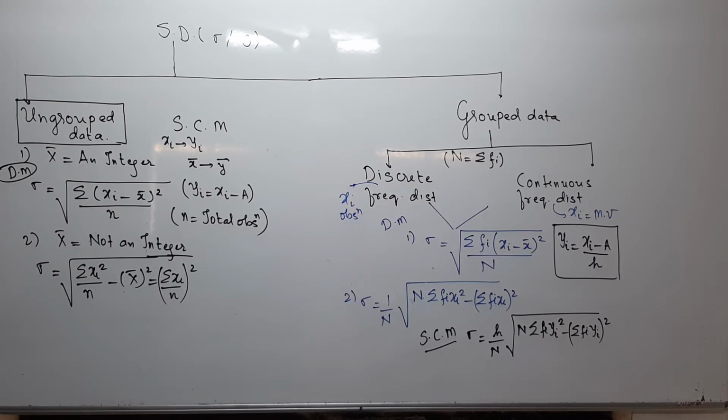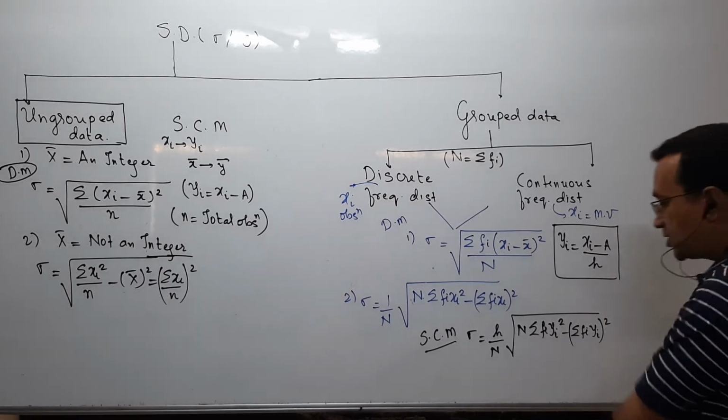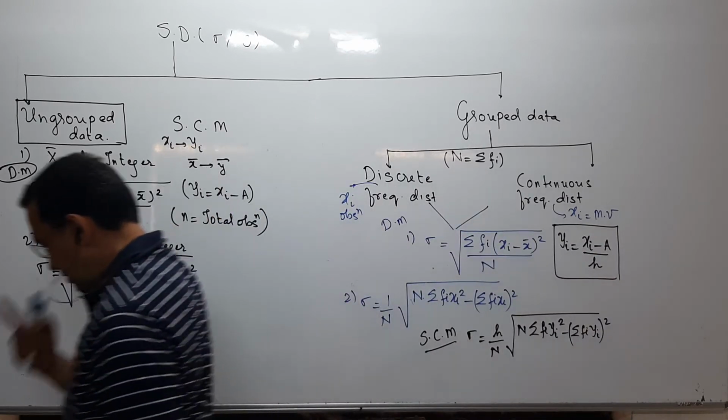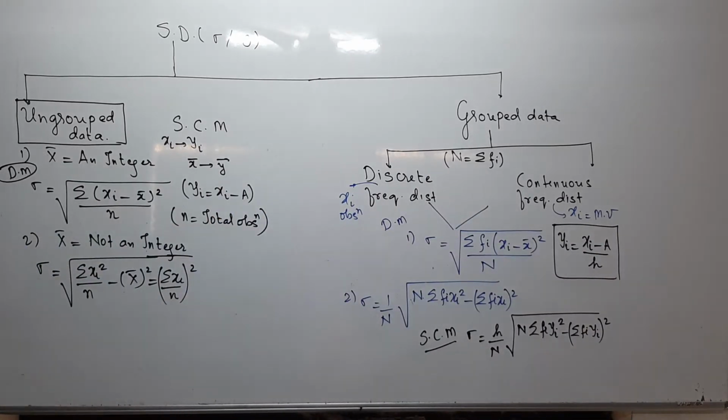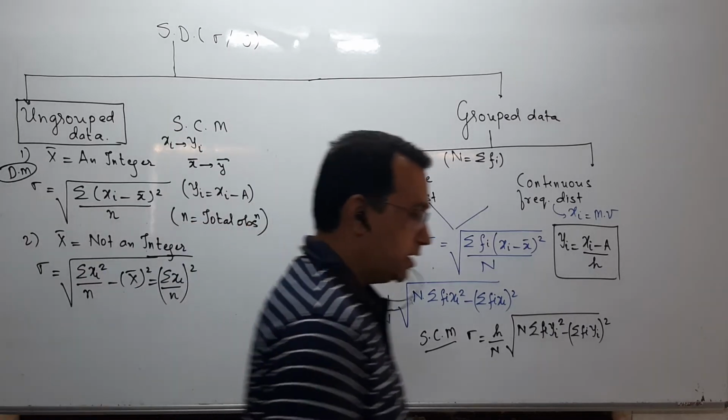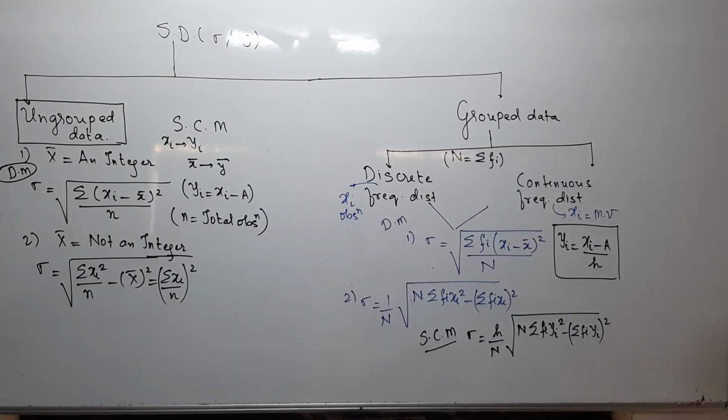So students, in short, 3 to 5 formulas you have to memorize, and these formulas are only memorized if you write them repeatedly again and again. Still, thoroughly memorize these formulas, students.